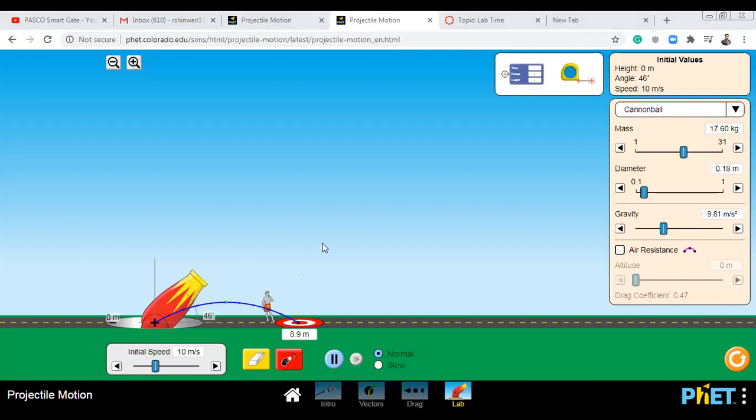Now initial speed is 10. Angle is 45 degrees. So when you launch the body, it will cover a distance of 10.1. Let's try another angle, let's suppose 75.